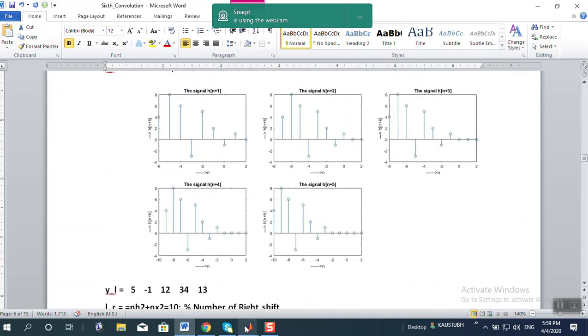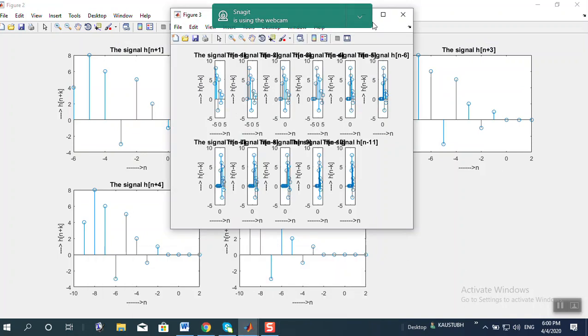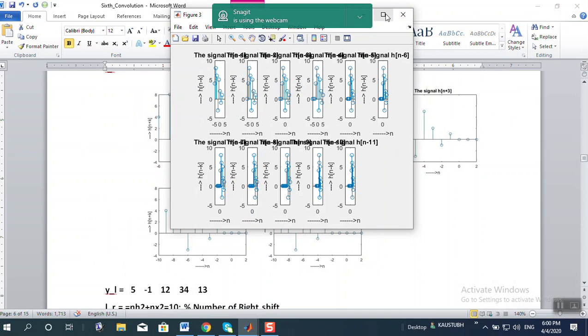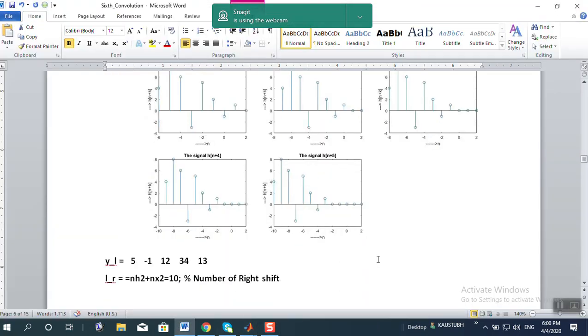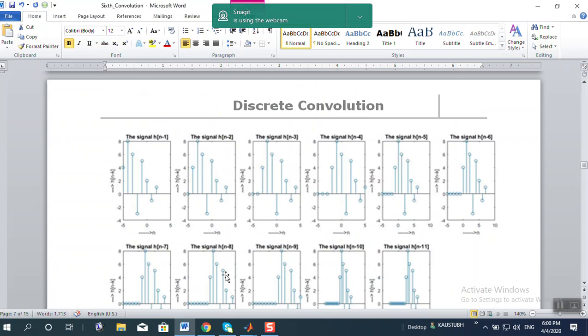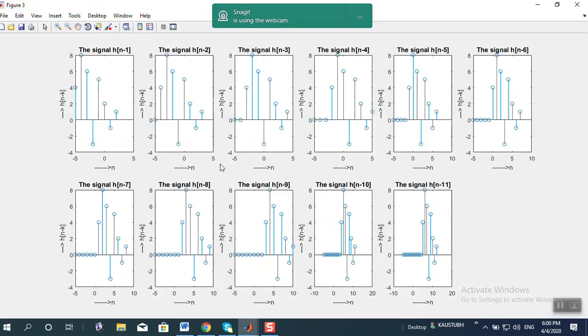These are all 5 left shifted values. Then these are all your right shifted values as I have shown here.